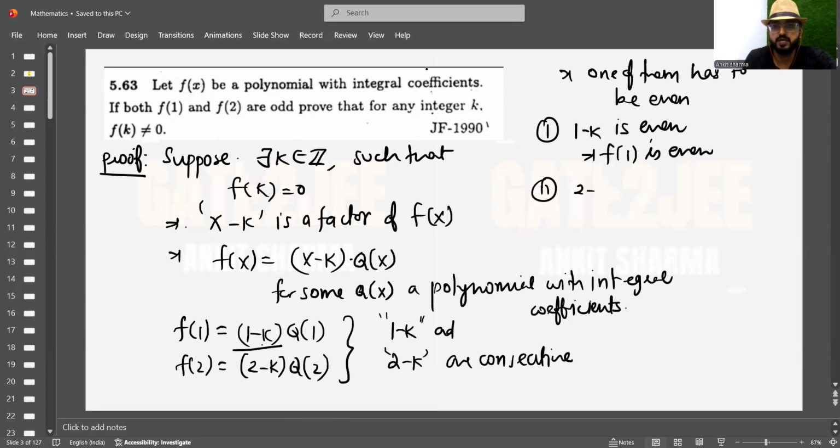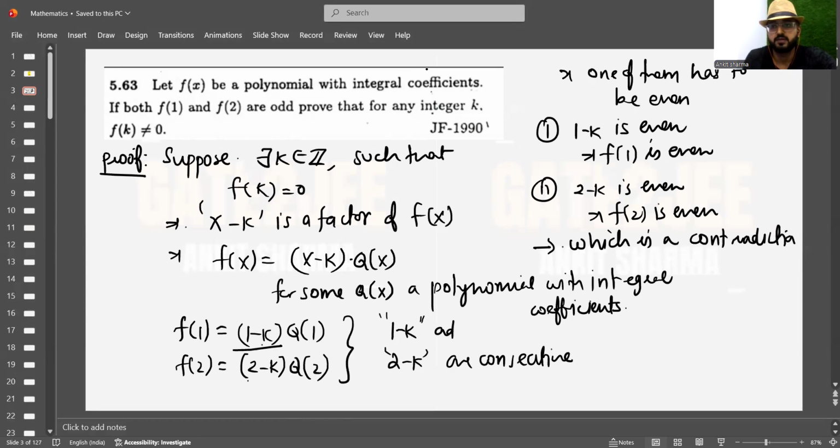And if I say that 2 minus k is even, in that case I'll be getting f of 2 to be even. So f of 2 is even. So in either case, I get a contradiction. So that means our assumption is wrong.